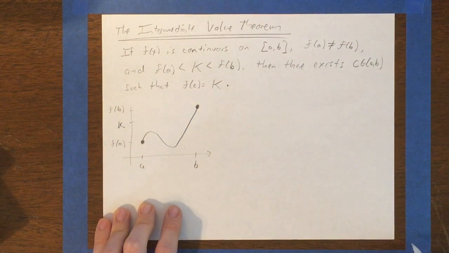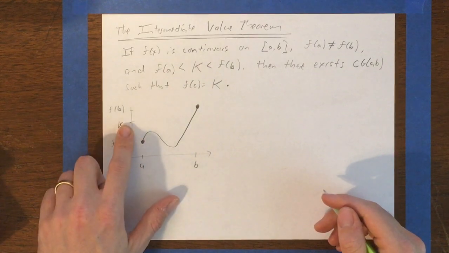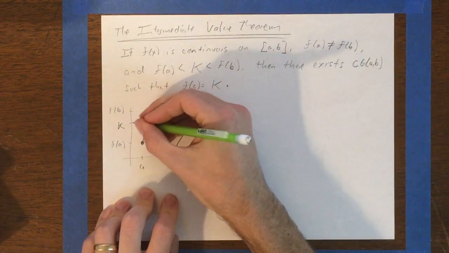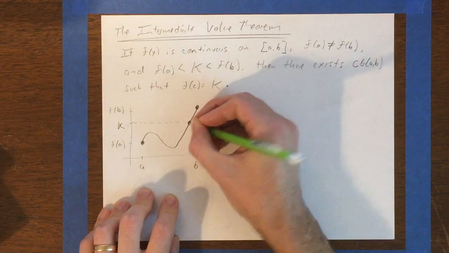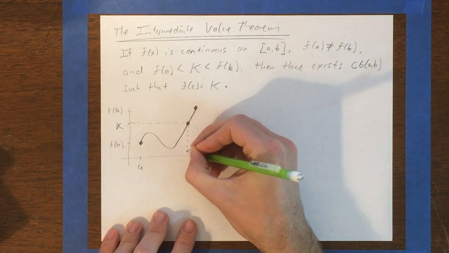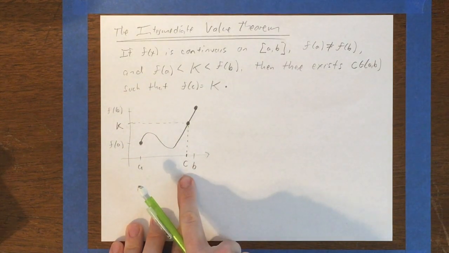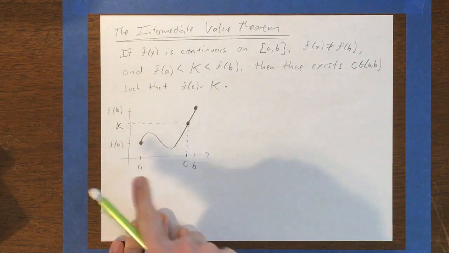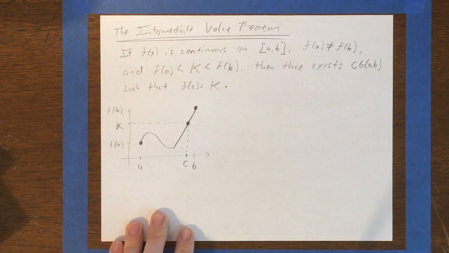What the intermediate value theorem is saying is that given any k you want in this interval, you're guaranteed that there will be a point on the graph of the function at height k. And there's the c value guaranteed by this theorem. It's in between a and b, and for this example I drew, it's right there.